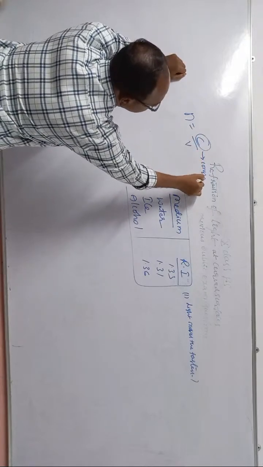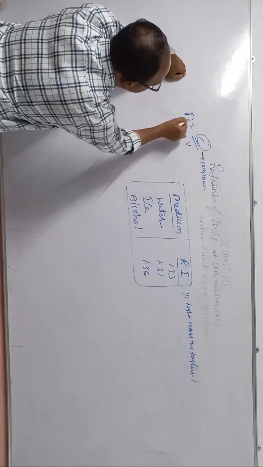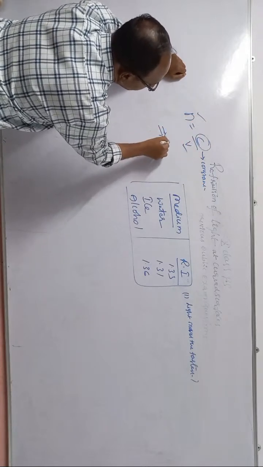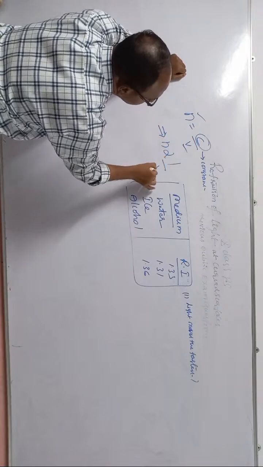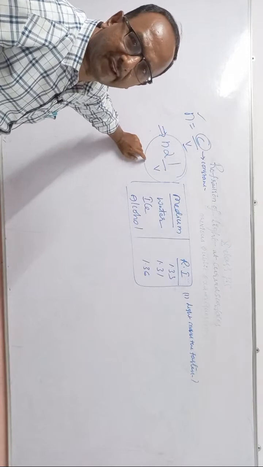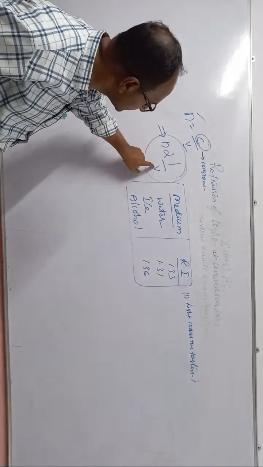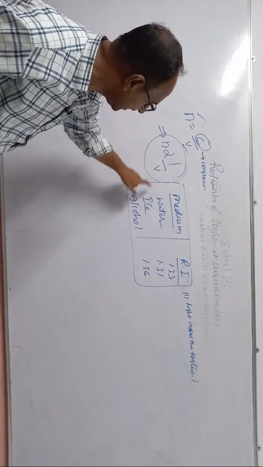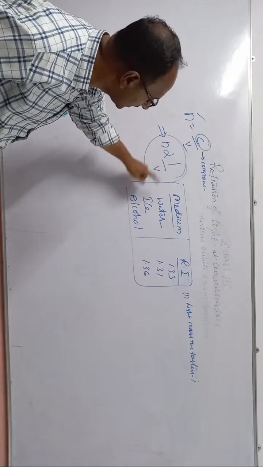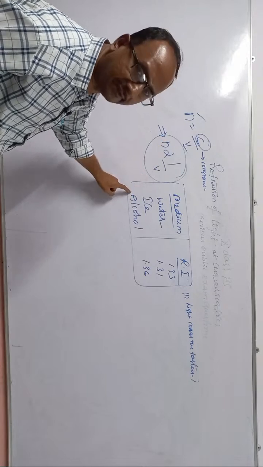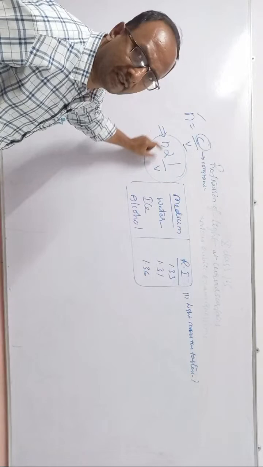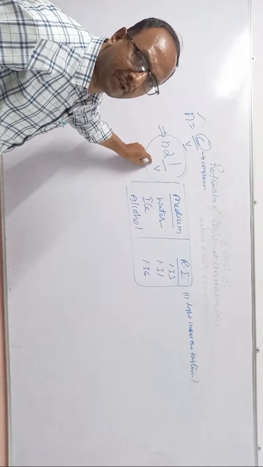The relation between these two is inversely proportional, as one is in the numerator and the other in the denominator. Where v is the speed of light in the given medium, that is speed of light in water, ice, alcohol, and n is the refractive index of water, ice, alcohol. So when n is higher, v will be lower. When n is lower, v will be higher.